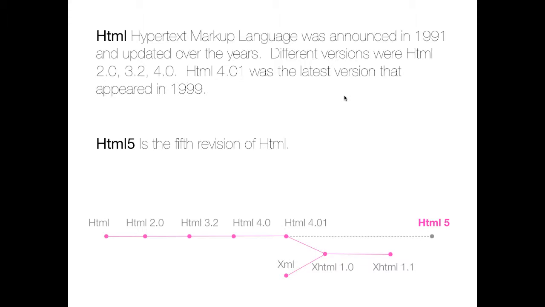HTML5 was very popular with web browsers and was being already used, while XHTML 2.0 was unimplemented by any major browser. Seeing this, the W3C decided to work with the other group. Their name is WHAT Working Group, WHATWG, and together they developed the fifth version of HTML, HTML5.